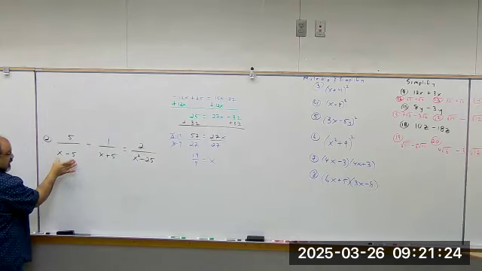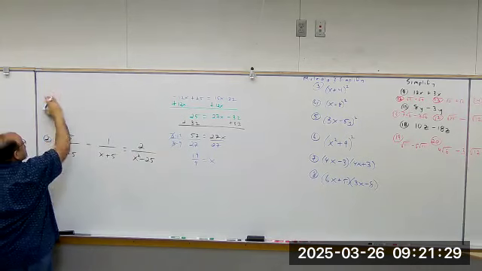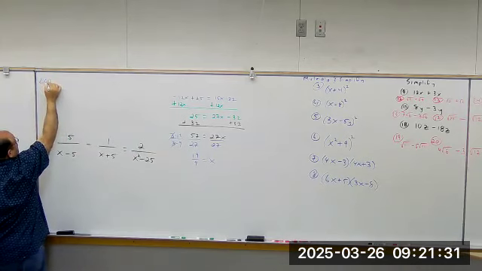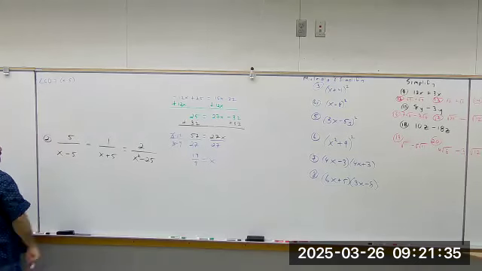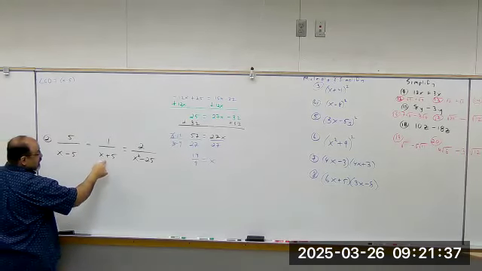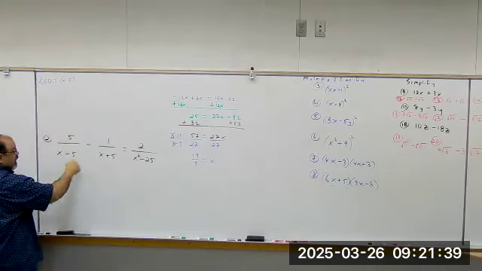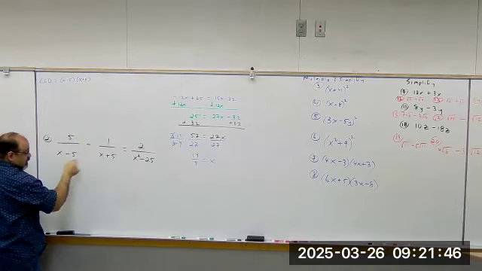I have an x minus 5 in the denominator, so I need to multiply by an x minus 5 as part of my least common denominator so I can undo that denominator. This denominator is an x plus 5, so I'm going to have to multiply everything by an x minus 5 and an x plus 5 in order to undo both of these.